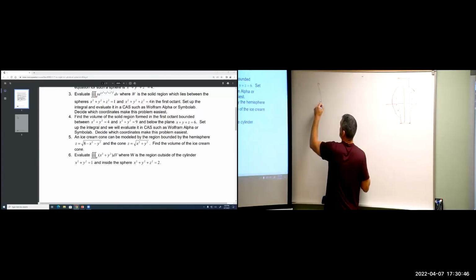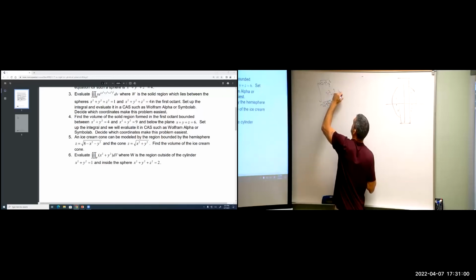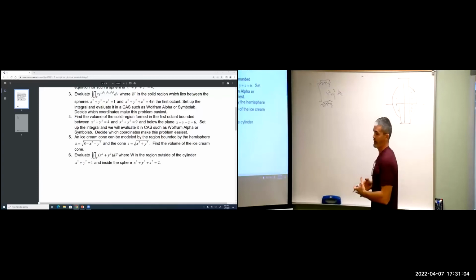So negative square root, let's just do it in z, up to positive square root of 2 minus x squared minus y squared, and we've got our function in here, x squared plus y squared, dz. Okay, so we're just doing the whole sphere.